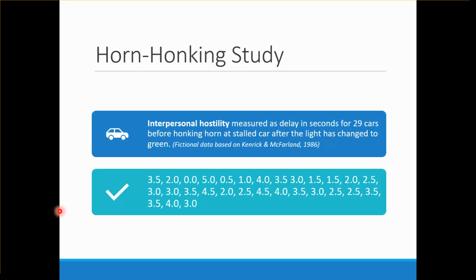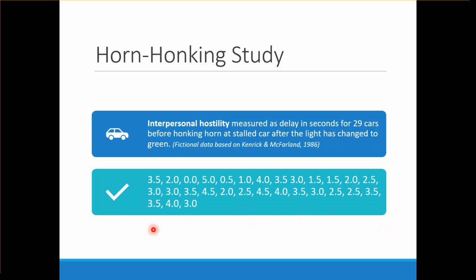Okay, so we measured this in a fictional study for 29 cars, and this is the data that we got. Okay, so 29 cars were stuck at a light behind a stalled car, and they measured from the time the light turned green until the guy honked the horn, how long it took them in seconds.